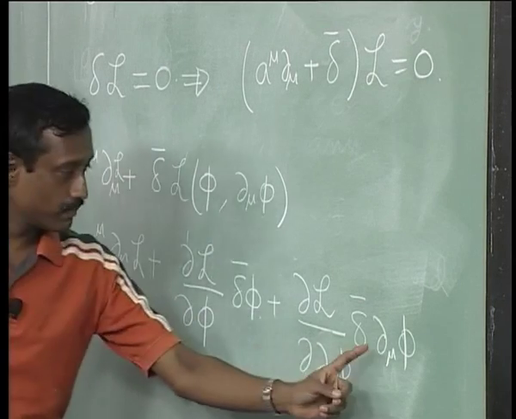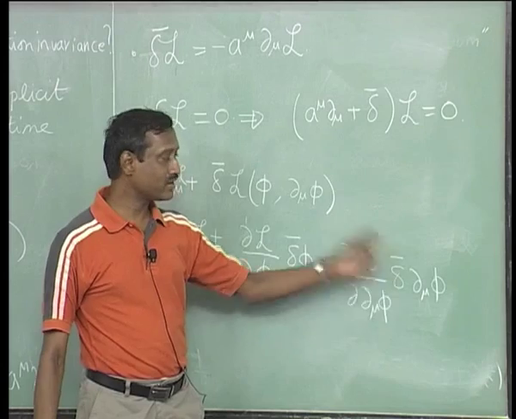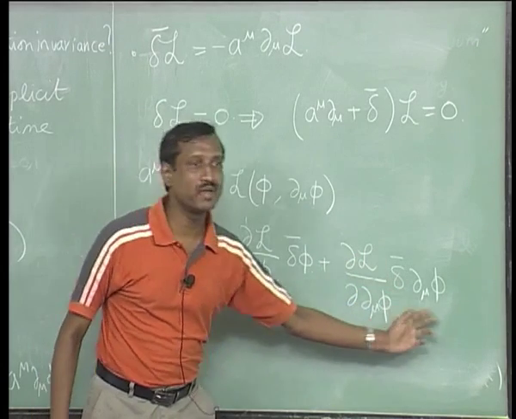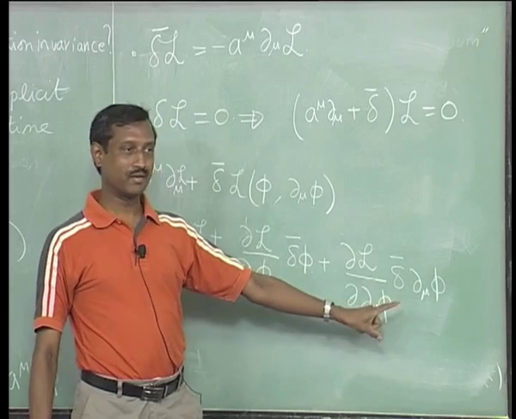The reason for working with delta bars is that it commutes with d mu. If I had tried to work with delta, it would be a big mess. So that is the key: the fact that delta bars commute with this thing is very important.